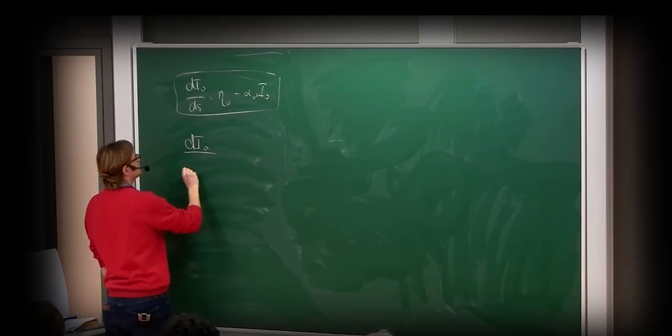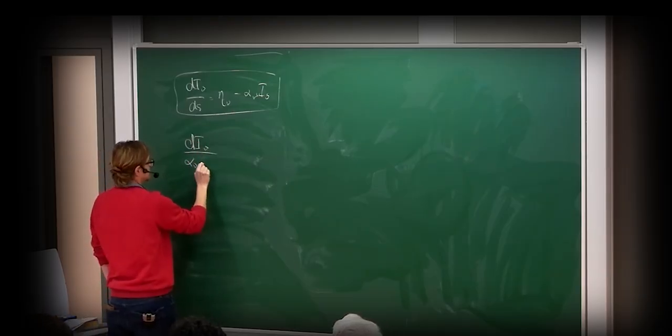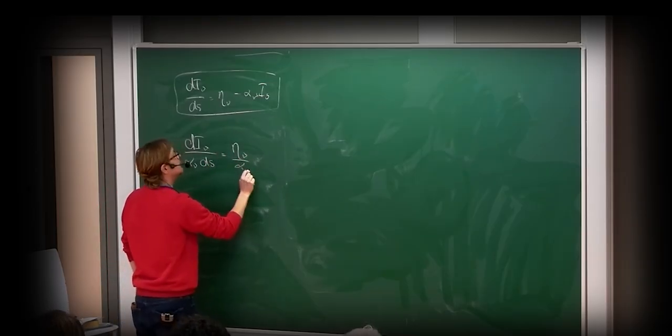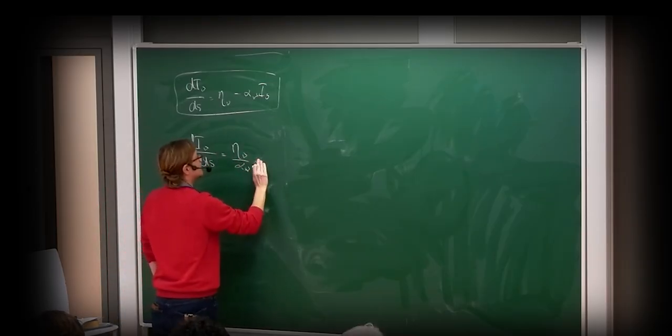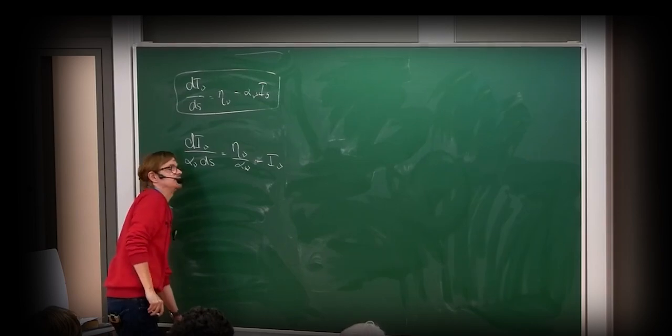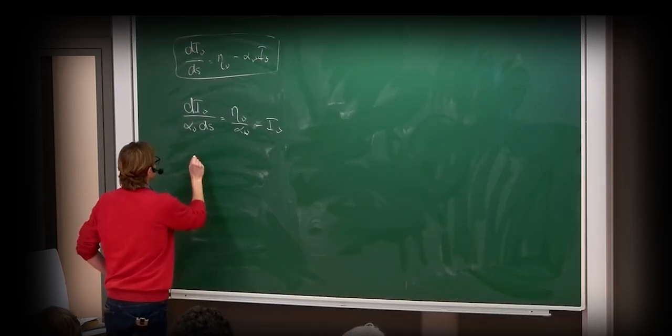We will divide through by alpha nu, the extinction coefficient, so that we get this expression instead, minus I nu, okay? And then we will use this to define two quantities.